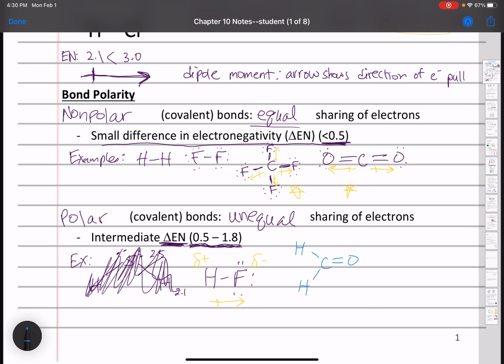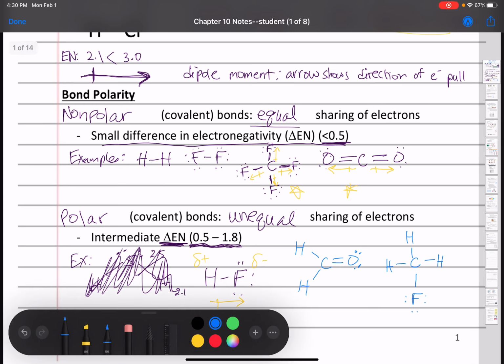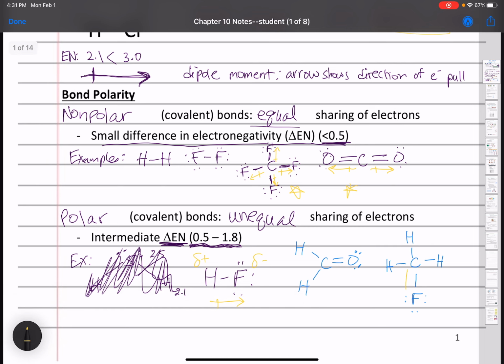how about this molecule, and this one here. All right, so I'm going to start with the second one that I've drawn. So the second one here has one polar bond, this one right here, the CF bond.